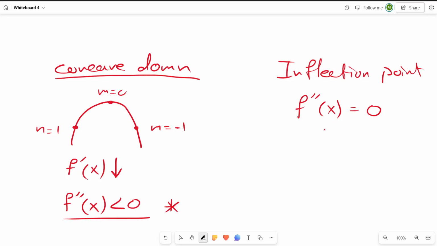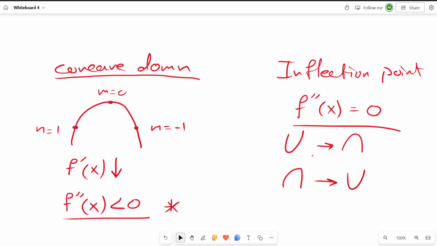However, it's called an inflection point. And I know that the concavity at this inflection point changes either from concave up to concave down or from concave down to concave up. So you can think of this inflection point as the point where change of concavity happens.